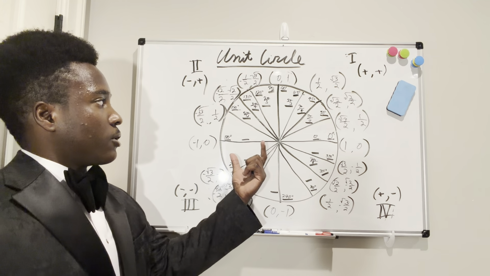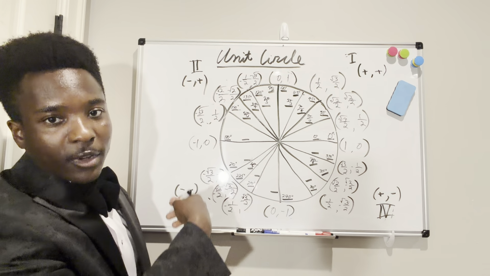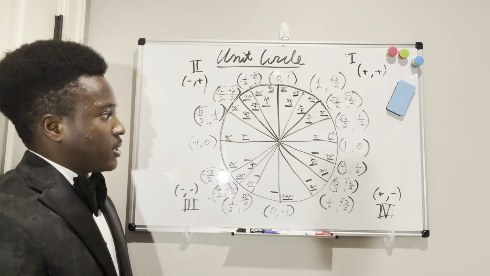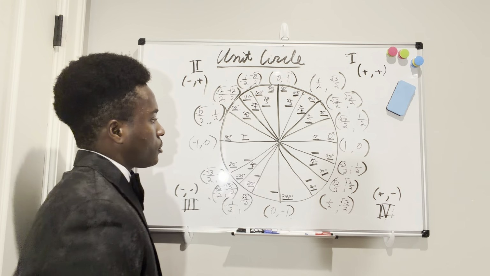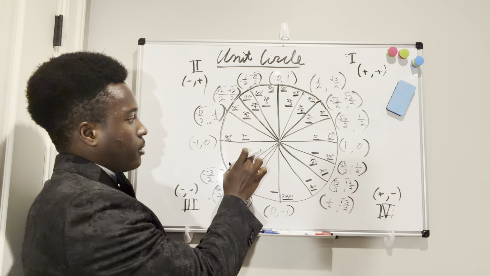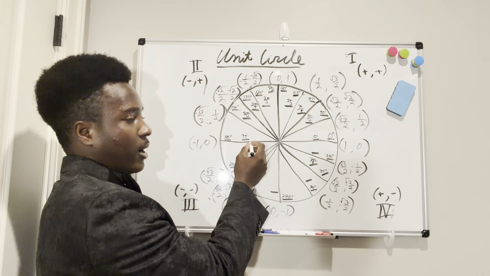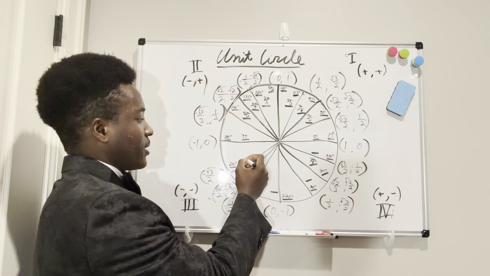And for our last jump in this half, we add another pi over 6, and 5 pi over 6 plus pi over 6 is literally just pi. Simple as that. Then we add another pi over 6 to our 6 pi over 6.